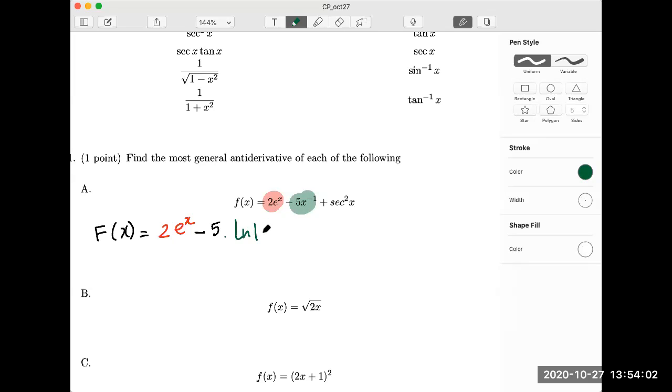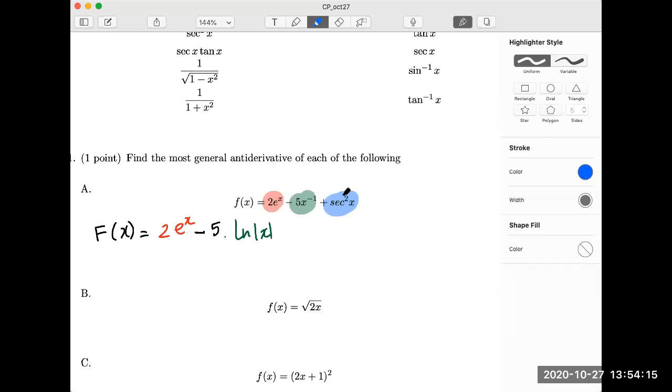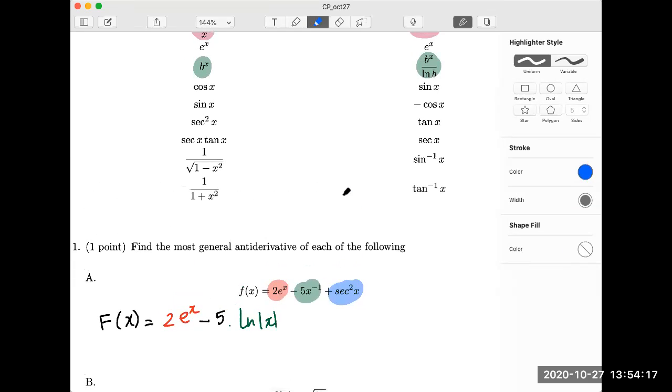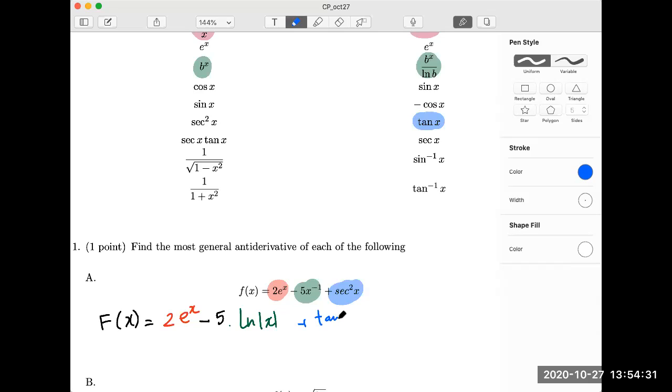Very good. Ln absolute value of x. And here, this term, look back at the table. Which formula should we use? Tangent x, right? So therefore, it should be tangent.